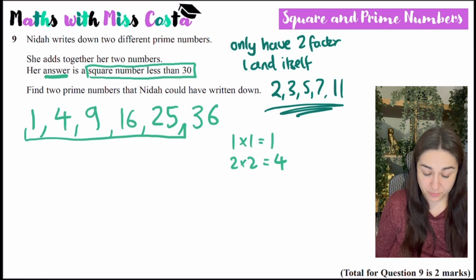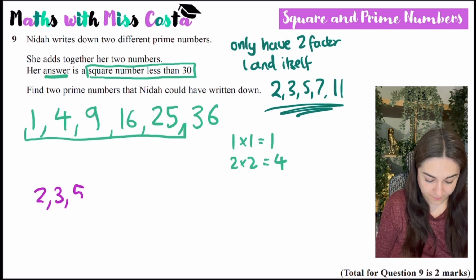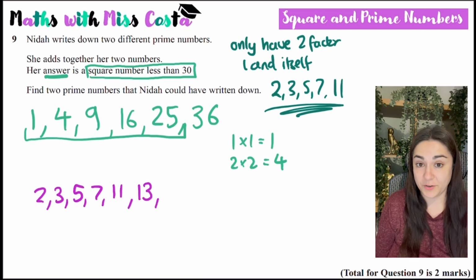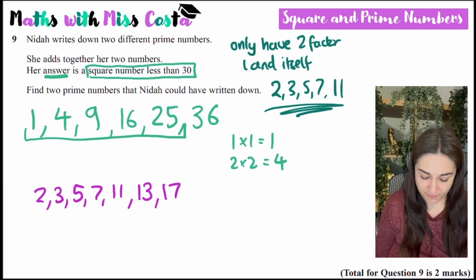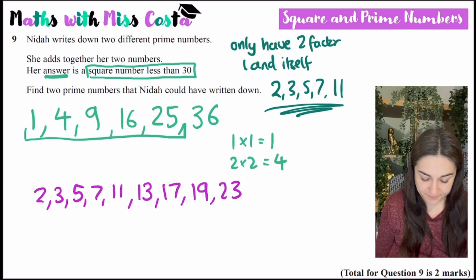So let's think about the prime numbers that could add to this. So we've got 2, 3, 5, 7, 11 as my first prime numbers. Then I've got 13. 15 is not a square number because it's divisible by 5. 17, 19, and then 23.